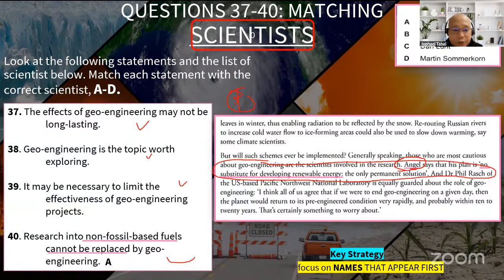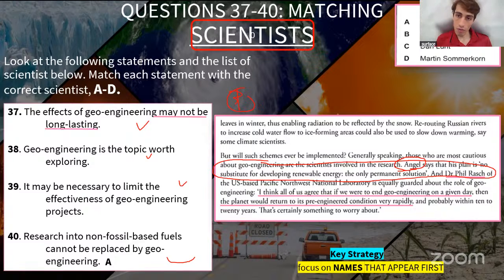So you have to read the least, the fewer names mentioned, correct? Yes, I find Roger Angel, Phil Rasch, Dan Lund, and Martin Summer Kern. I find all of these names with their repetitions, then find out which one is repeated the least.